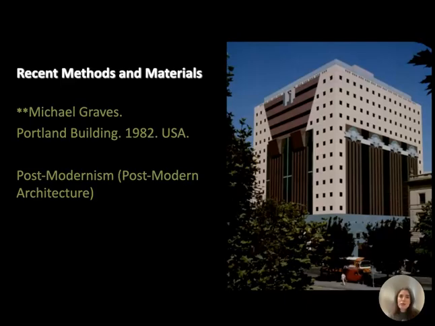All right, our last example is the Portland building from 1982 by Michael Graves. So here we're thinking about a style called postmodernism or postmodern architecture, which is really rejecting some of the simplicity and minimalism of modernism. So this is postmodernism. In this particular case, you're seeing an architect who really embraced color.